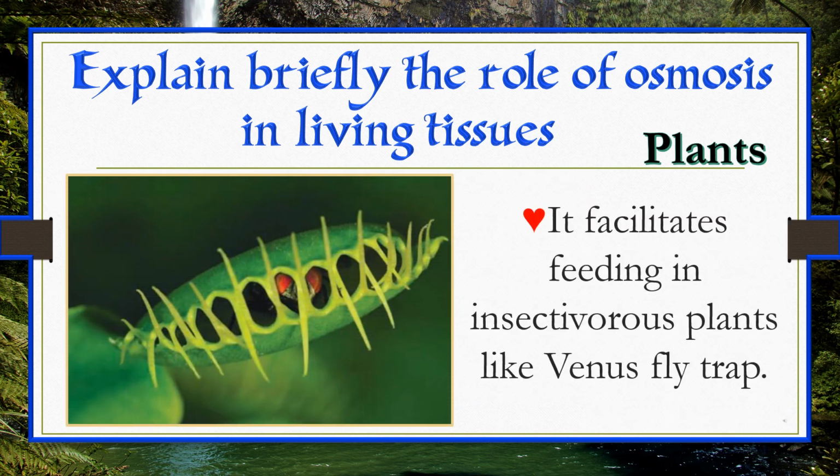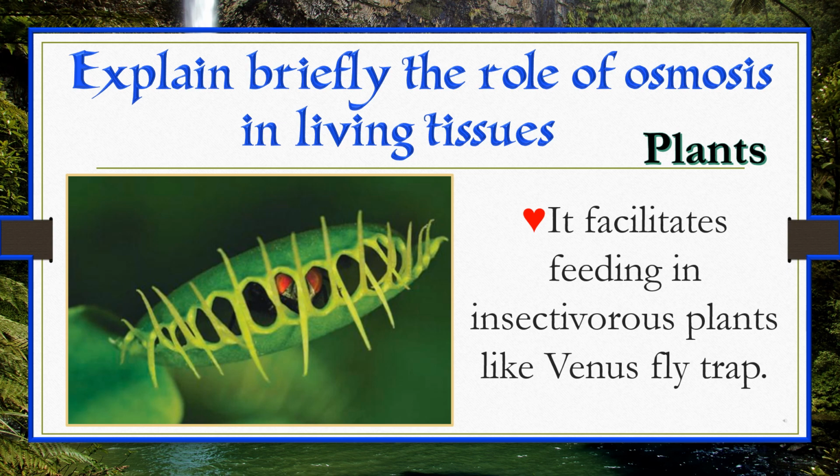Osmosis also facilitates feeding in insectivorous plants like the Venus flytrap. These are plants that depend on insects for nutrients like minerals. When the insect lands onto the leaves of the Venus flytrap, by osmosis, water is withdrawn and taken into the cells, and then the leaf will close very fast.